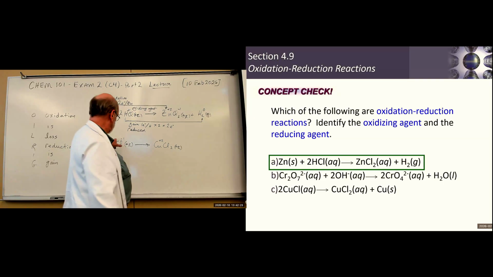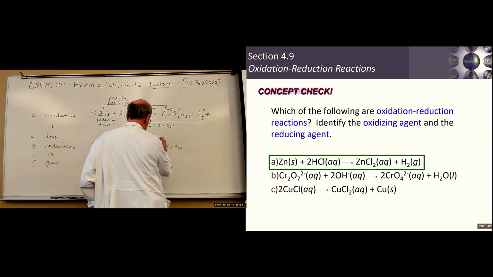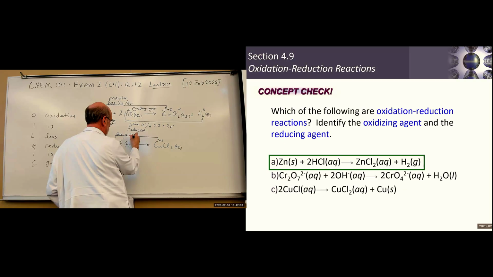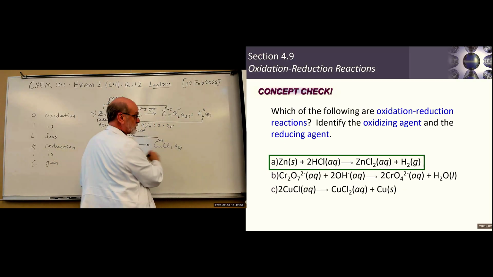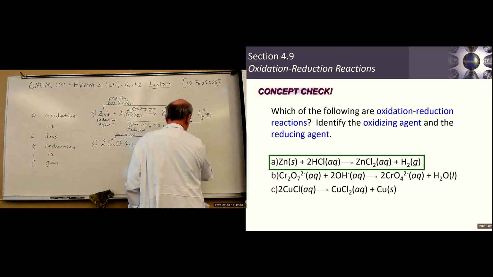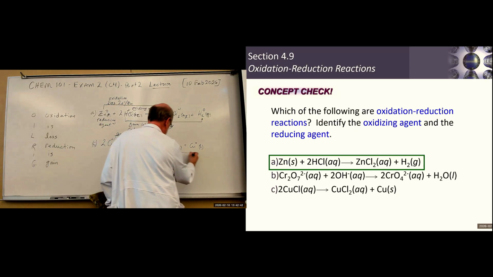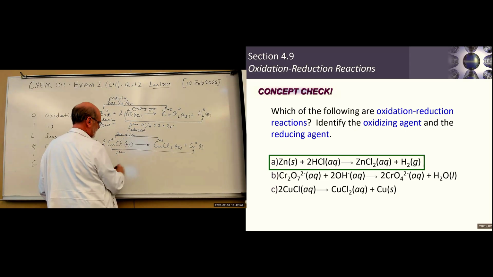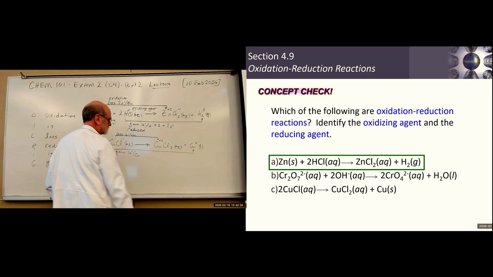This copper tie line was an oxidation, loss of 1 electron per coupling. But we also go to this one. That's 0. This was a gain of 1 electron per coupling.